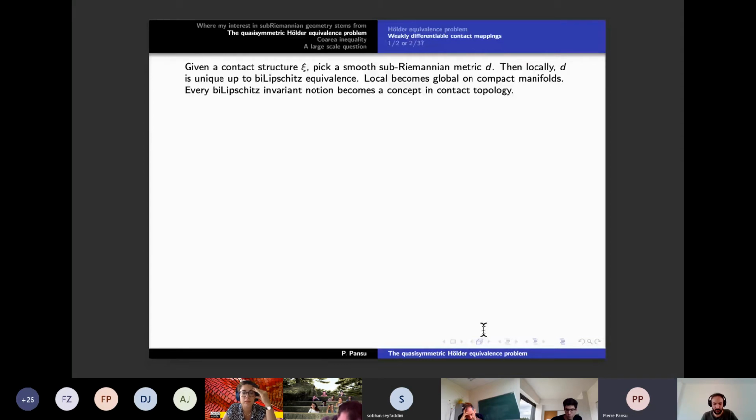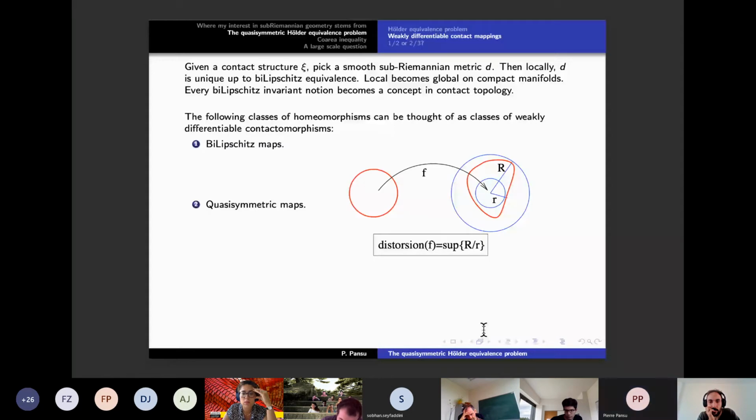So again, if you start with the contact structure or more general distribution, I pick an adapted sub-Riemannian metric, and I observe that locally any two choices will be bi-Lipschitz equivalent. And so if I'm on a compact manifold, this local bi-Lipschitz equivalence will be even global. And now any bi-Lipschitz invariant notion will give rise to a corresponding invariant notion in contact topology.